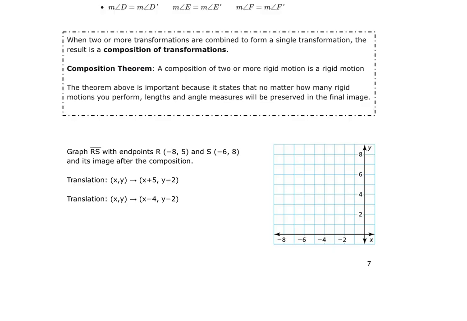If I applied 5 different movements or 5 different slides, and I started with a triangle here and I did 5 different changes to that triangle, what would be true about my triangle at the very end? It'd be the exact same triangle, right? It doesn't matter how many movements or changes I do to that, it's still going to be the same triangle. That's what a rigid motion is saying. The triangle is preserved all the way throughout all the different movements that are happening.